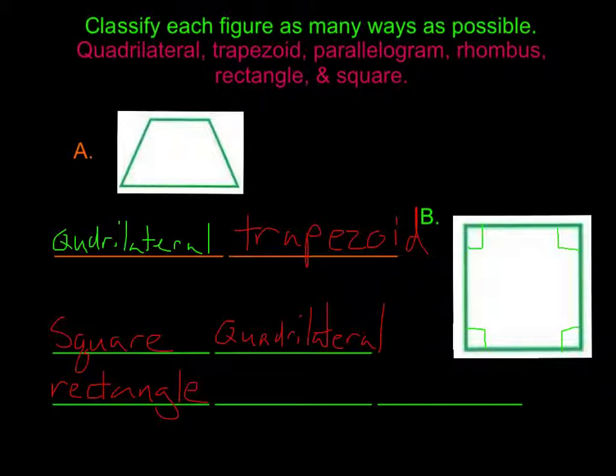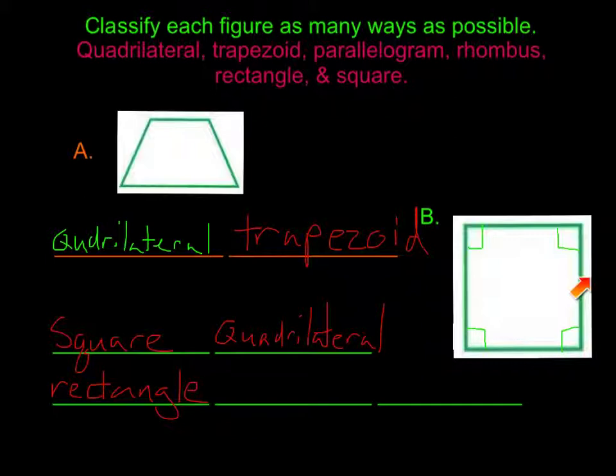A rectangle. And then, let's see. The definition of a rhombus has 2 sets of parallel lines, and so we can call this a rhombus also.